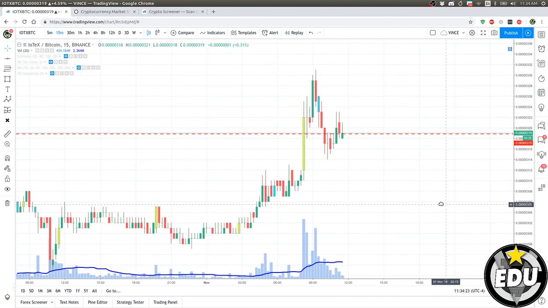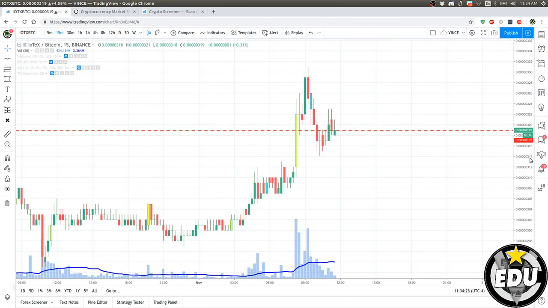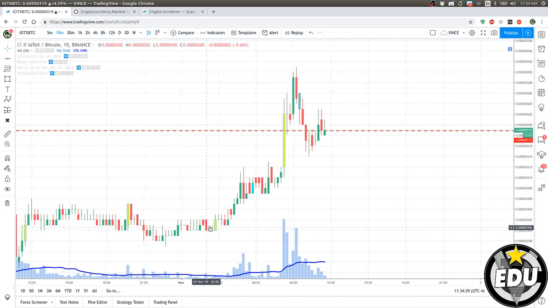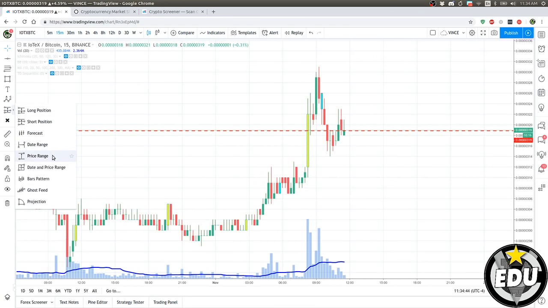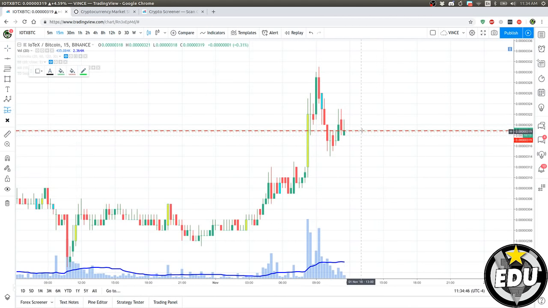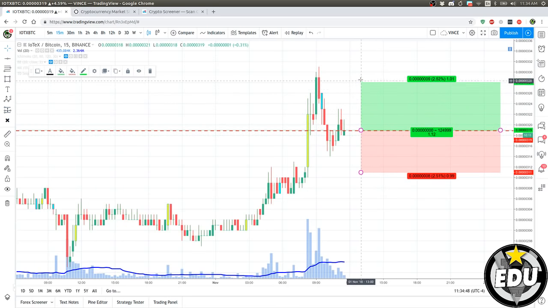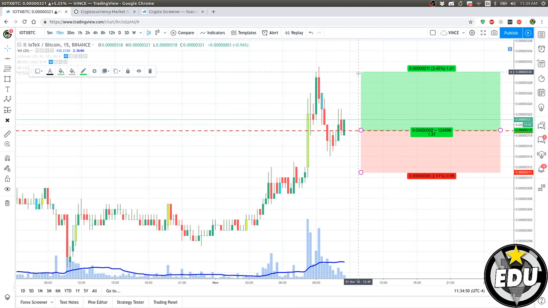Oh, this is IOTX, so it's a very cheap coin, and that's why we see those candles. They're not really nice ones. I hate when we get those coins. They're worth nothing. So let's check the percentages, just to have an idea.